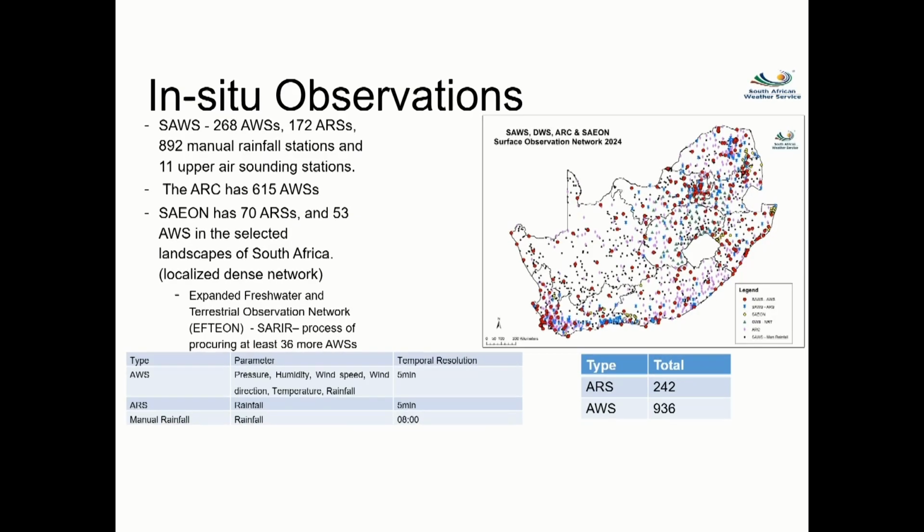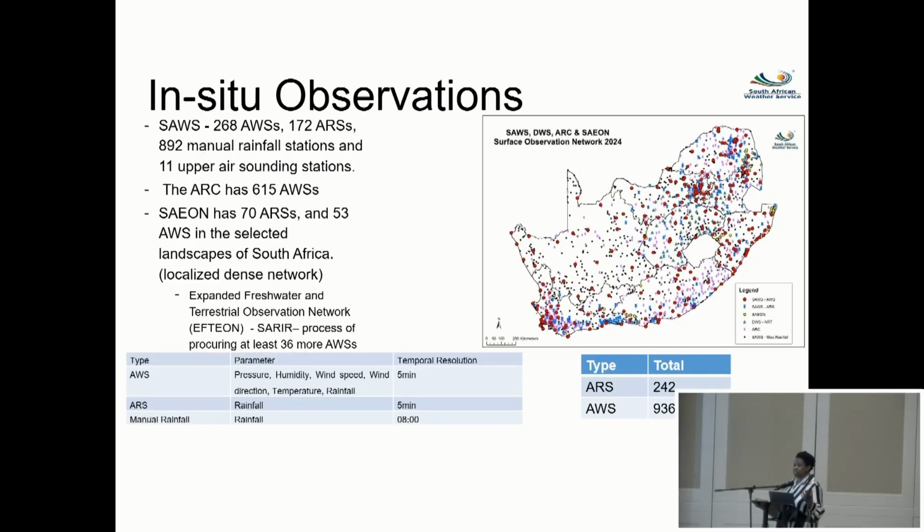We also have 892 manual rainfall stations. Manual rainfall stations are not automatic, so they need someone to go and observe on a daily basis. We rely upon volunteers and observers, your citizens, to observe these parameters.